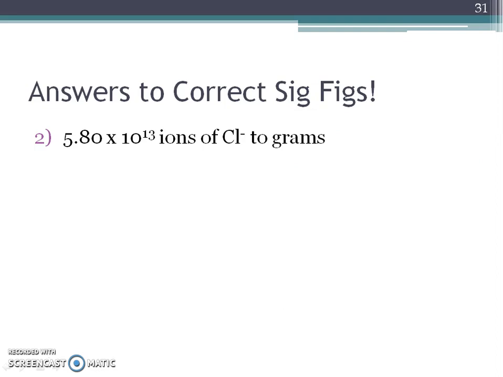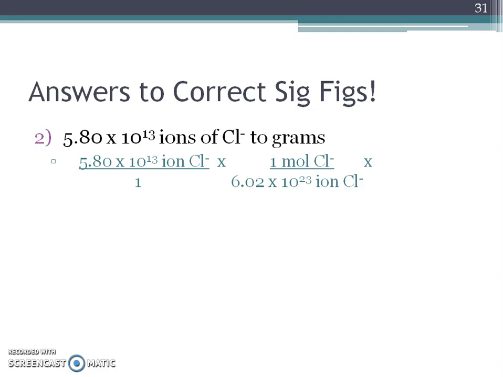Okay, how about this guy? You're going from ions to grams. So you definitely want to go to moles first. And then, since it says grams, in my head, anytime I see grams, I think molar mass. So here's our ions, 2 moles. We're using the 6.02. If you use 6.022, your number might be just slightly different than mine.